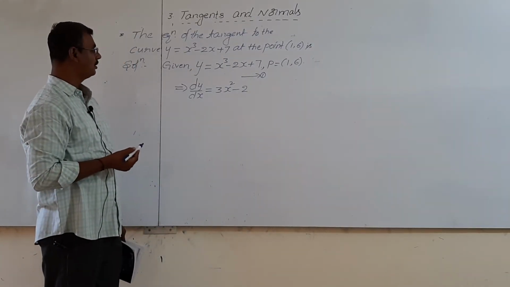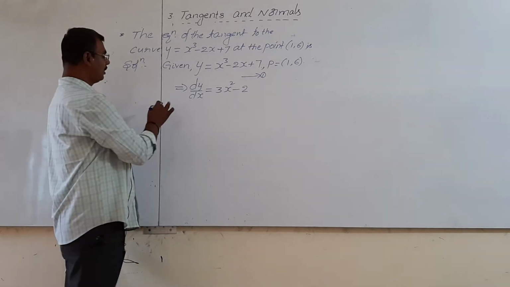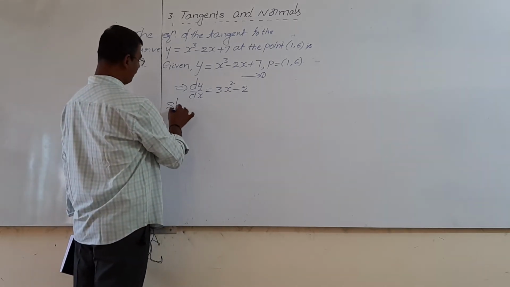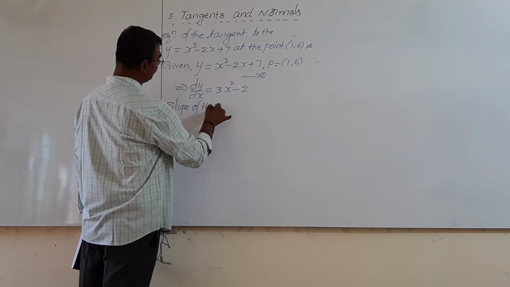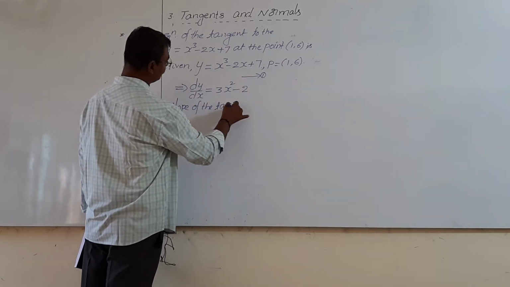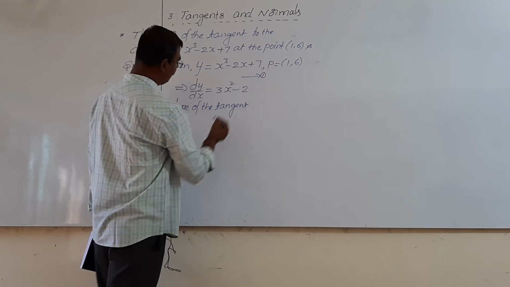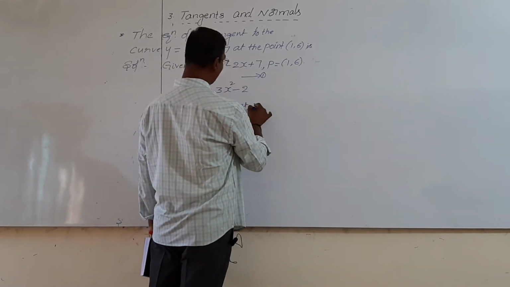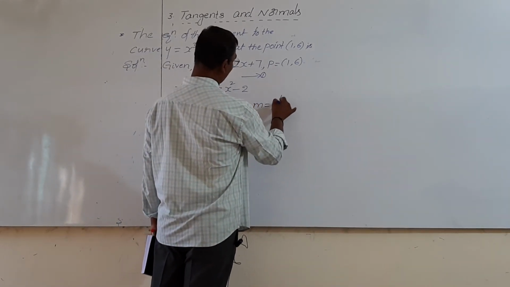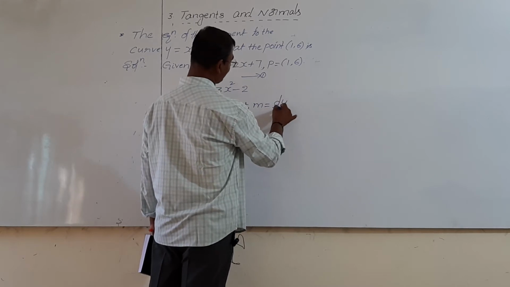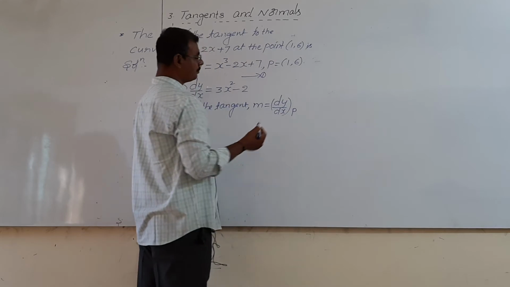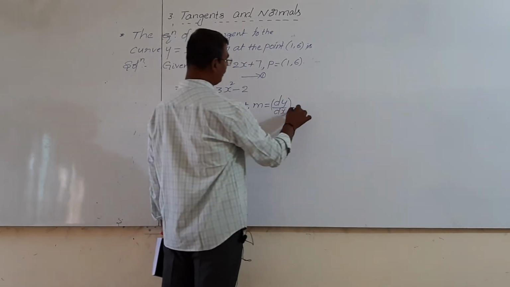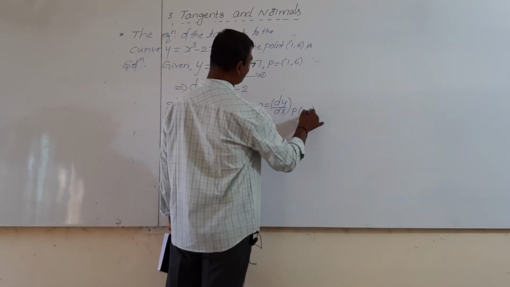So we got dy by dx. Now the slope of the tangent: we know the formula, denoted by m, is equal to dy by dx at the point P. What is the point P here? (1, 6).